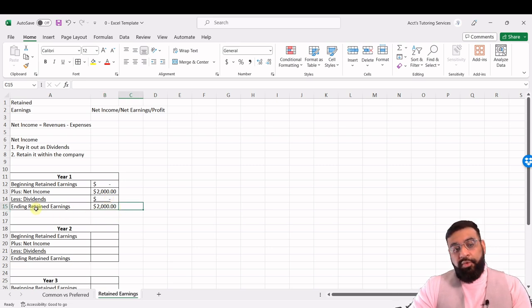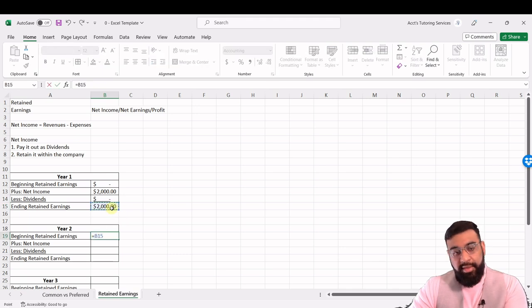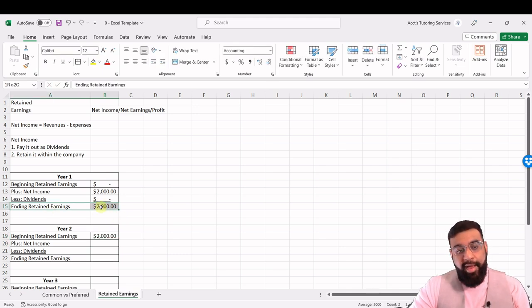If you think about this from a logical standpoint, ending retained earnings on December 31st, year one is $2,000. The very next day, January 1st, year two, is the beginning balance. So the ending balance in year one is the beginning balance in year two. Let's say in year two, we earn net income of $10,000.